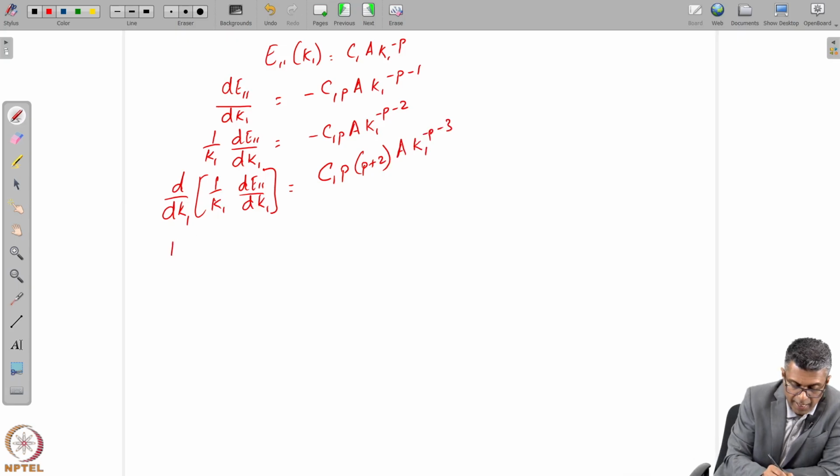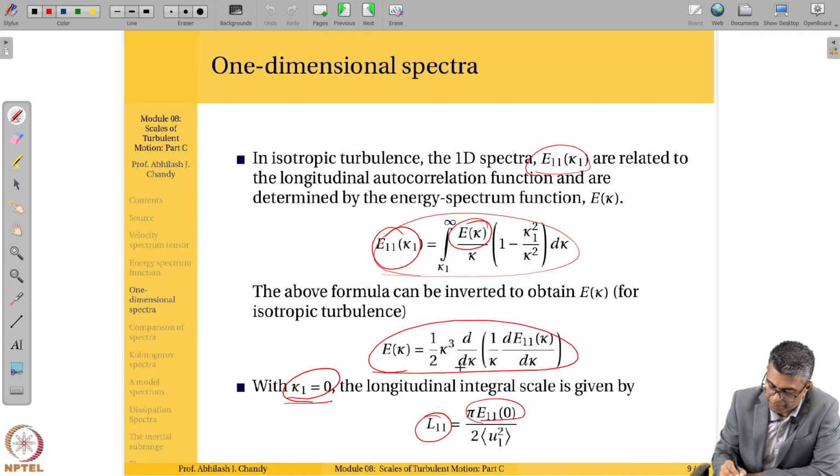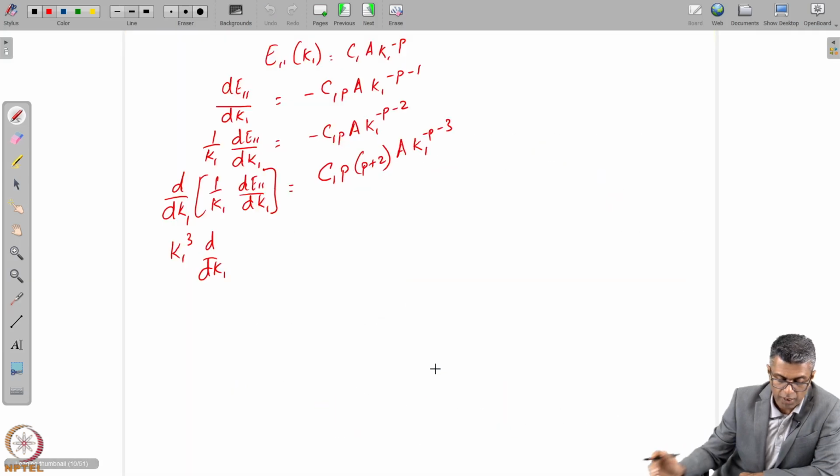Then let's say I multiply by kappa 1 cubed d kappa 1. You see where I'm getting this? I am getting this from this equation here. I took a derivative, then I divided by kappa 1, then I took a derivative again, and then I'm multiplying it by kappa cubed. Of course, I have to multiply by half as well. So that's what I'm going to do.